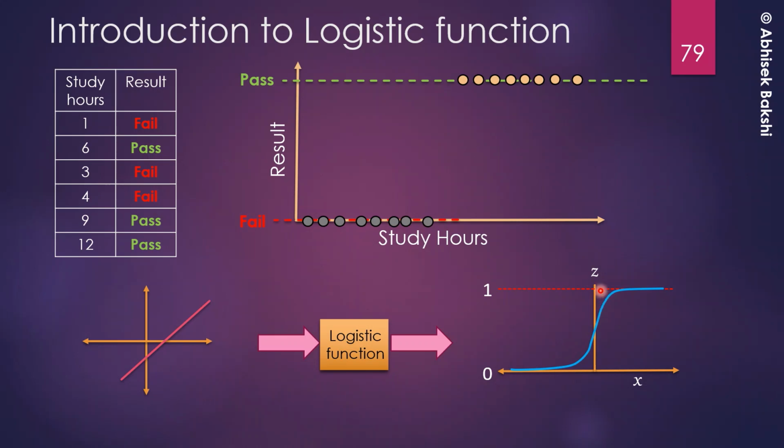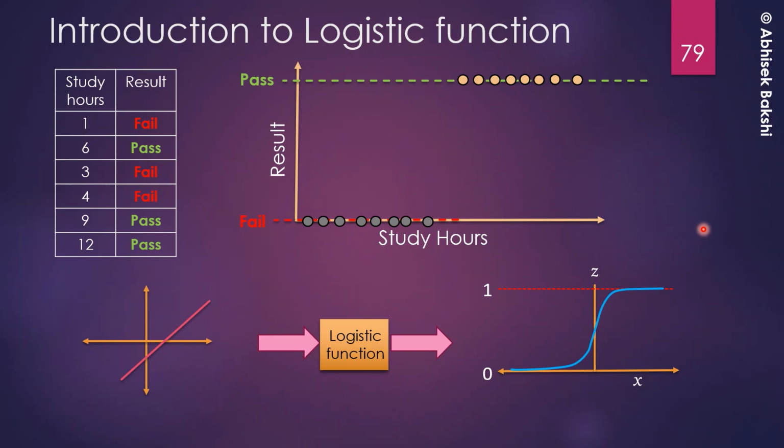So the value of z always varies within 0 and 1, but x can be on any side. Towards the right it is plus infinity, towards the left it is minus infinity. Whatever the value of x in this infinite range, the value of z will always lie within the range 0 and 1. And that is basically what we want.